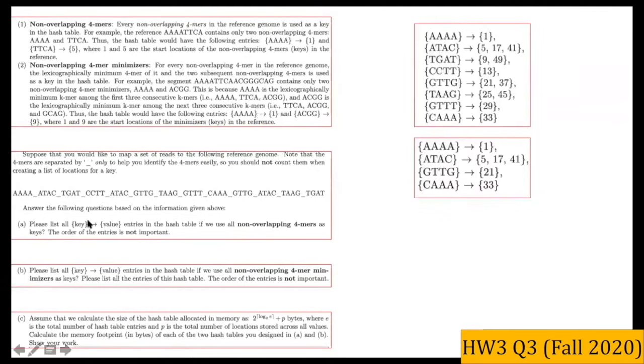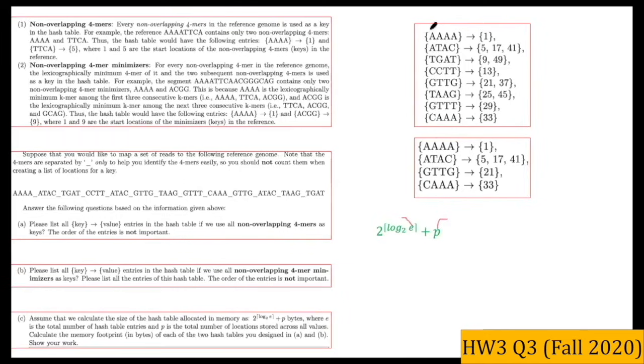These are the two hash tables that we already generated for A and B. Okay, and we have an equation given as following, and what this equation requires as input parameters are E and P. What is E? E is the total number of hash table entries.